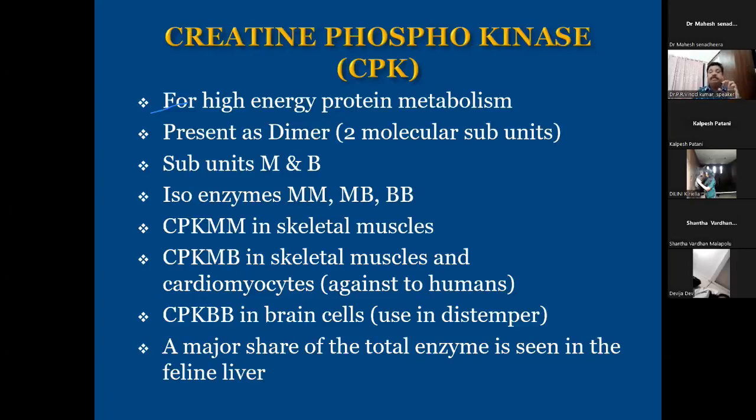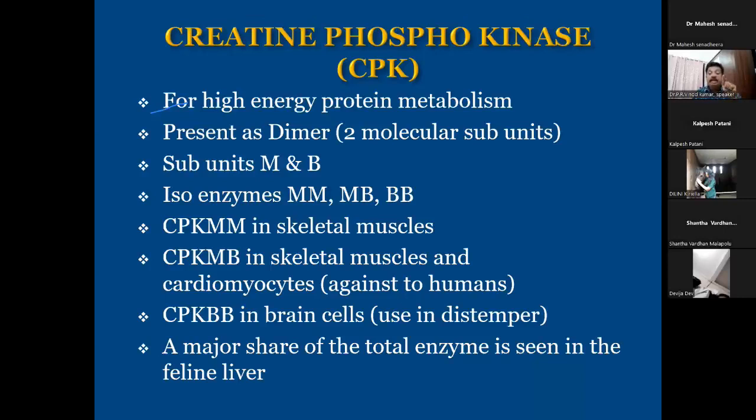So when there is ischemia, for example coronary thrombosis or coronary artery defect or myocardial infarction in human beings, there will be myocardial ischemia, producing severe degeneration of myocardiocytes. So what will happen when we are admitted to the hospital?